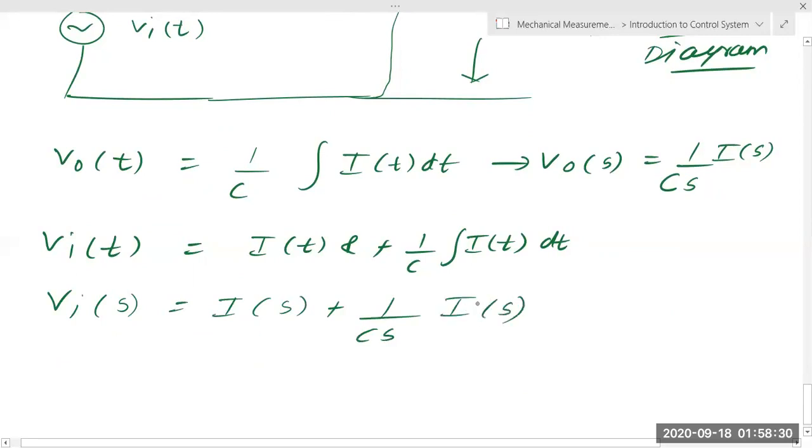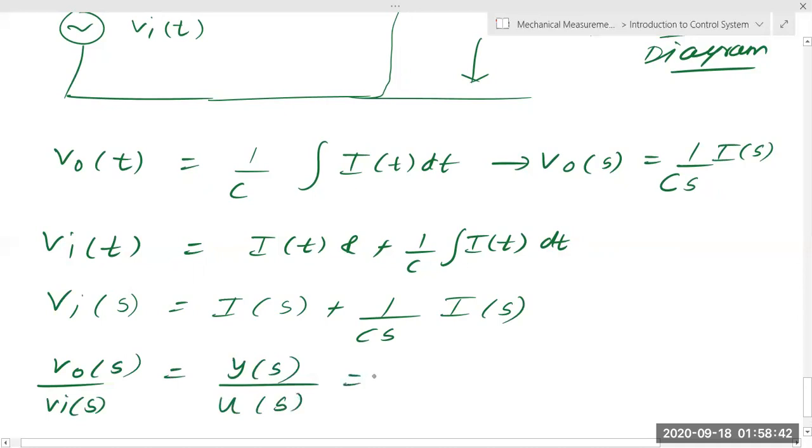Now, if I tell you to find V naught of S upon Vi of S, V naught of S is Y of S, Vi of S is U of S. This will be equal to, we can see I of S will get cancelled. What will remain is 1 by Cs divided by 1 plus 1 by Cs.